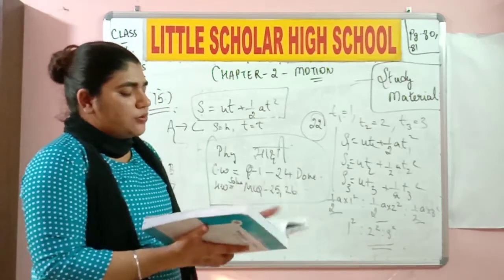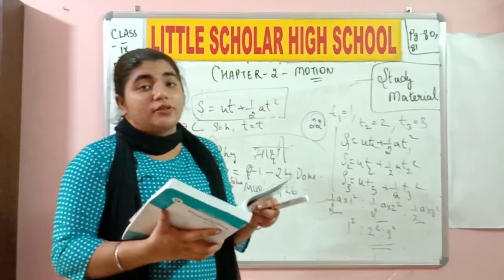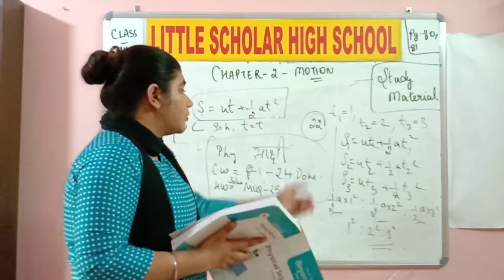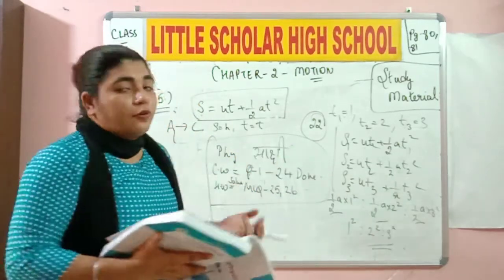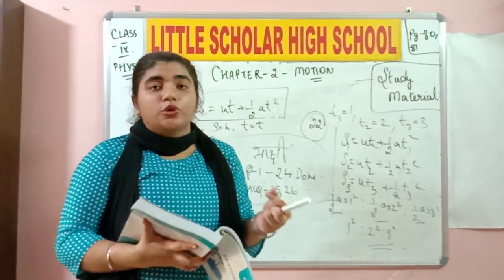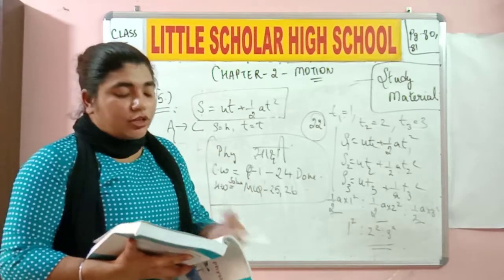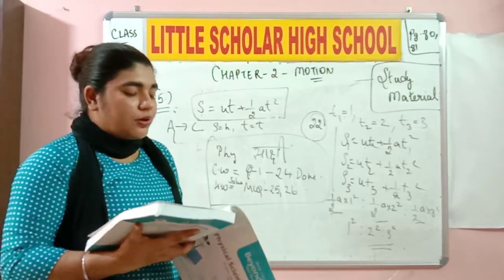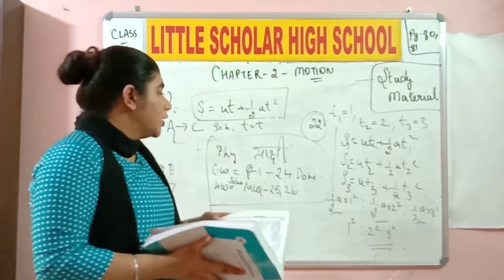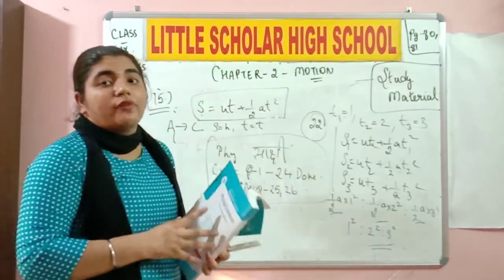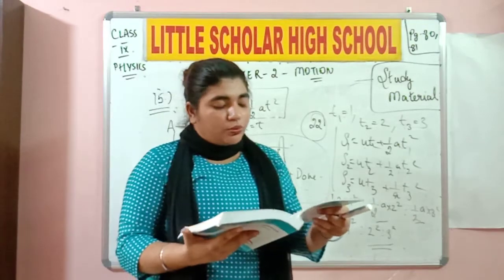Just two objectives. Just try to understand what is the question given. We have done so many equations of motion, so many sums over here. Of course, one or the other equations of motion is going to be related. Try to fit in, try to understand what is given over here. Try to think logically and cognitively, and you will get the answer for sure. So homework is solve MCQ 25 and 26, and we will continue with the rest in the next class.